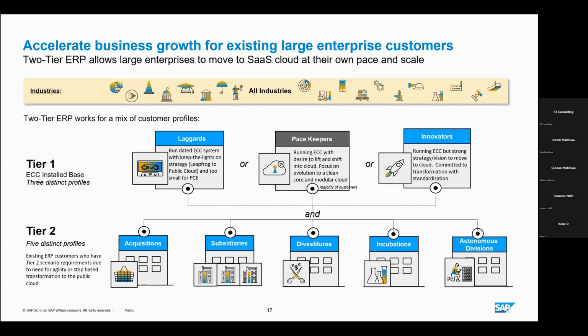So you have the acquisition company, you have subsidiaries, you have other entities that are in incubation, you have autonomous divisions, divestitures and all that. You want to be able to put all these different entities together in a single solution so that consolidation becomes very easy to do, right?